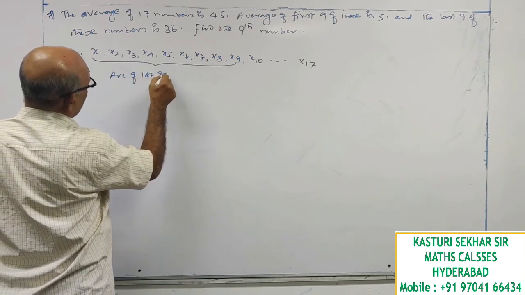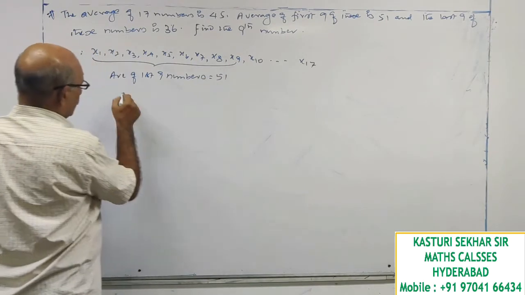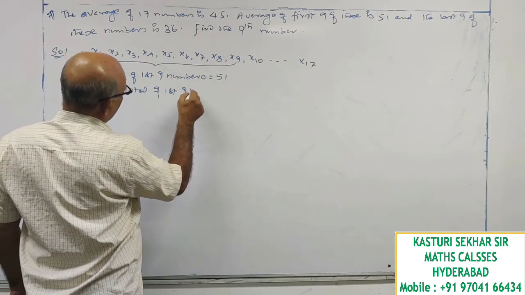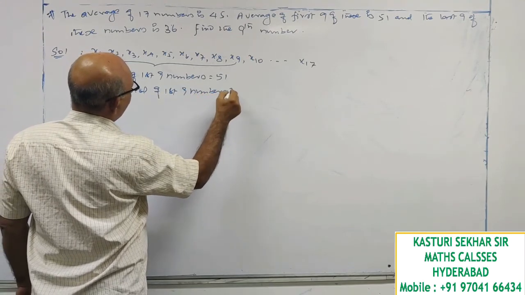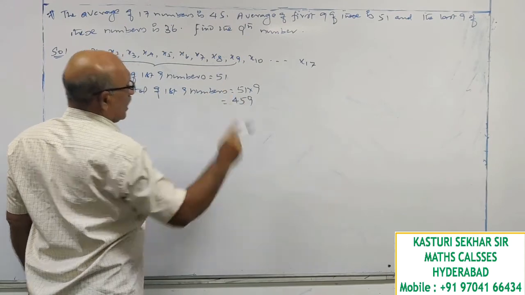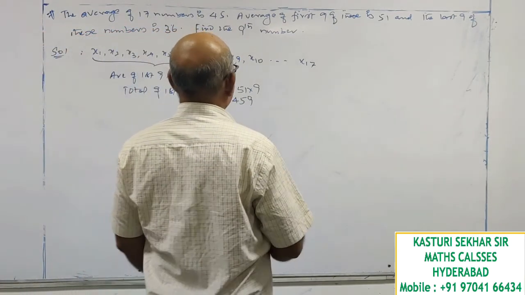Average of first nine numbers is equal to 51. So total of first nine numbers is 51 into 9, 459.